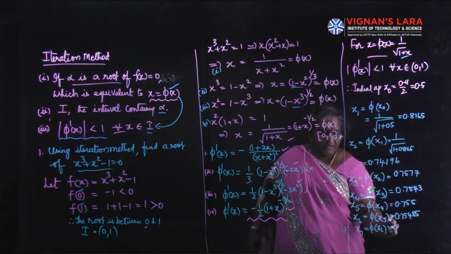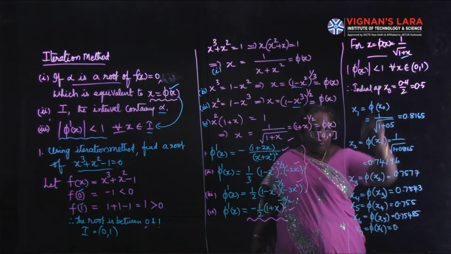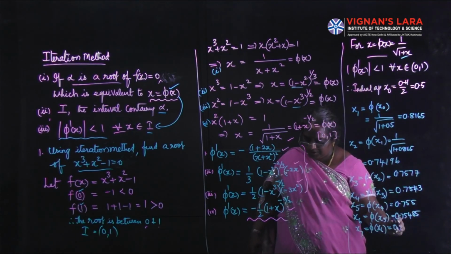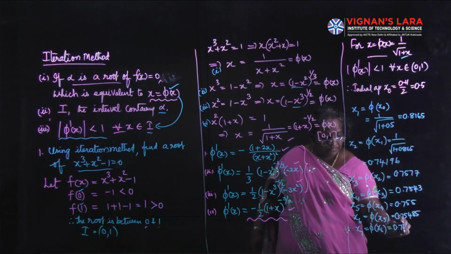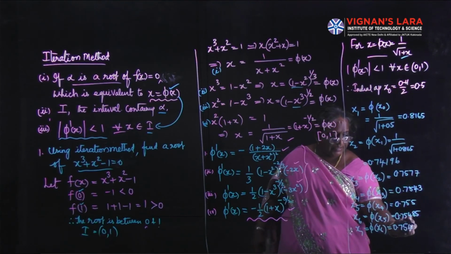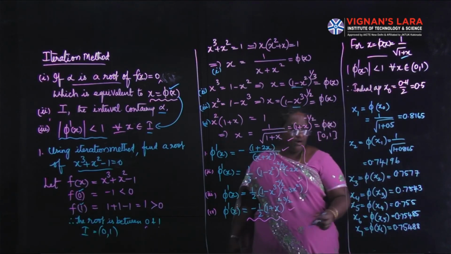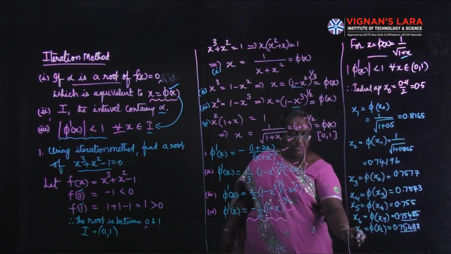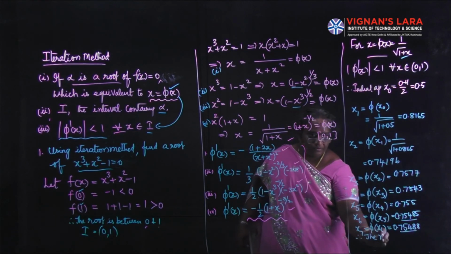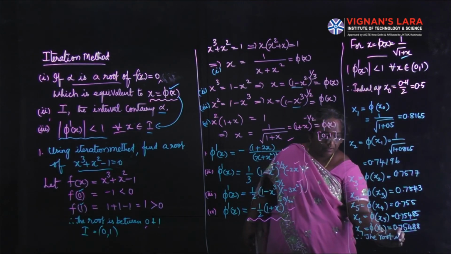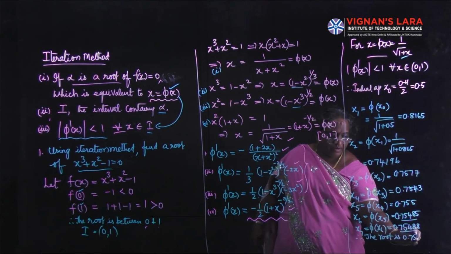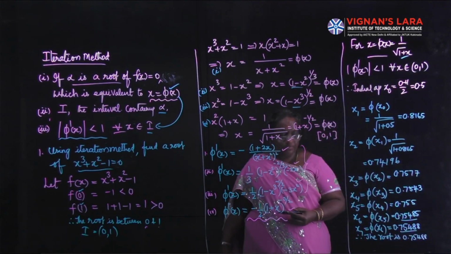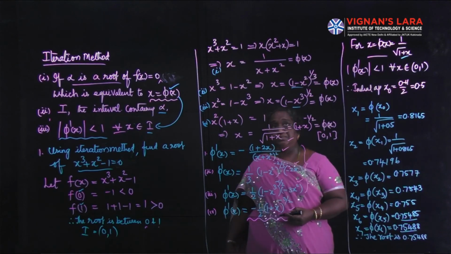If we substitute 1 by root of 1 plus 0.75485, it is 0.75488. So we can stop here. After the decimal, 4 digits are the same. Therefore, the root is 0.75488.